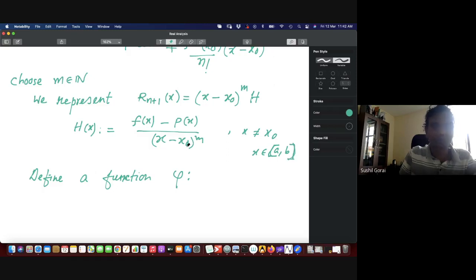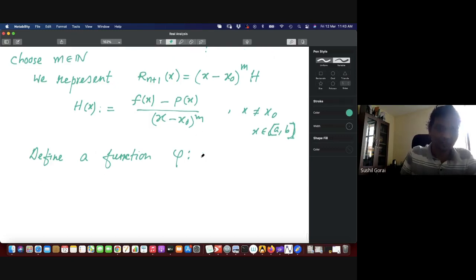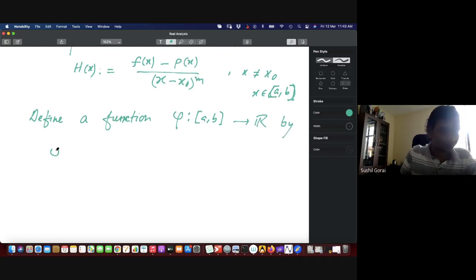The definition makes sense: Px makes sense, f x makes sense, and division by x minus x naught makes sense as long as x is not equal to x naught. So define this phi from AB to R by phi of t to be a summation.